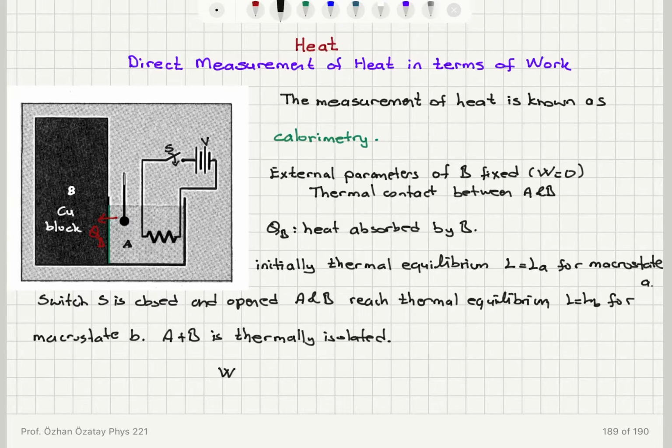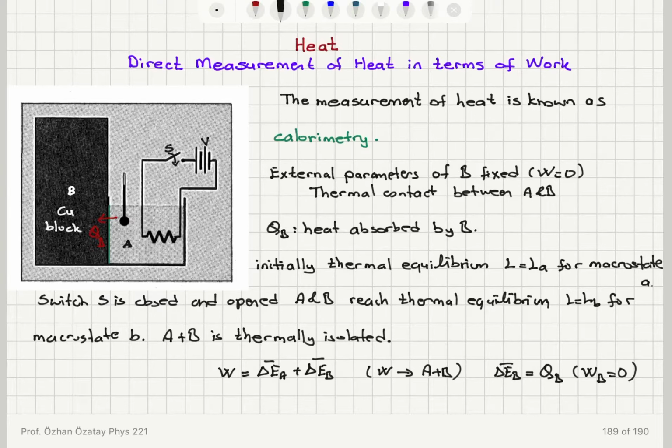Now you can see that the energy that I'm providing to the system A plus B is the electrical work. It's going to affect the mean internal energy of system A and the mean internal energy of system B. So this is the total amount of energy that I'm transferring to system A and B, W transferred to A and B. But there is no work done on B. So delta E_B bar is just equal to the amount of heat absorbed by B, because W on B is equal to 0.